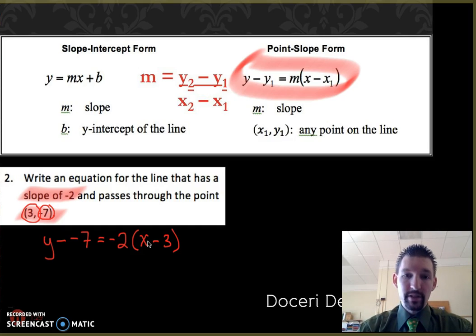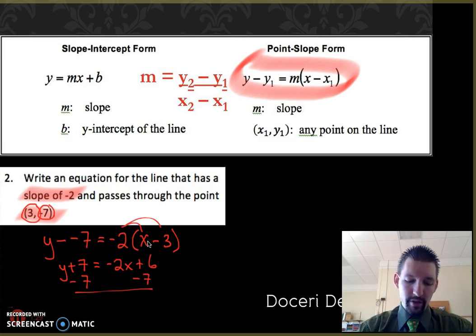And from here, we just need to get it simplified into a form that looks like y equals mx plus b. So this will be y plus 7 equals, if we distribute, -2x plus 6. I'm going to subtract 7 from both sides, and I will end up with y equals -2x minus 1 as my final equation for that.